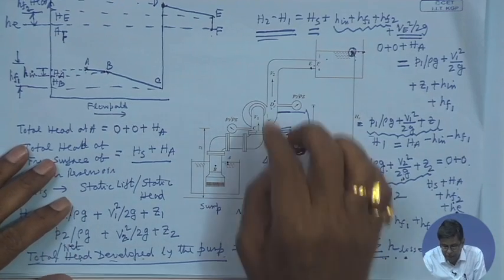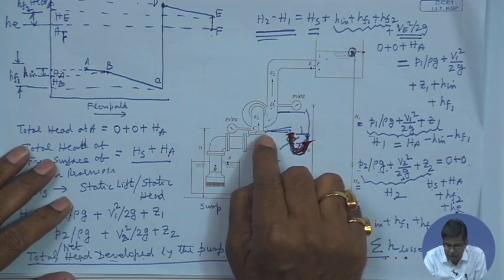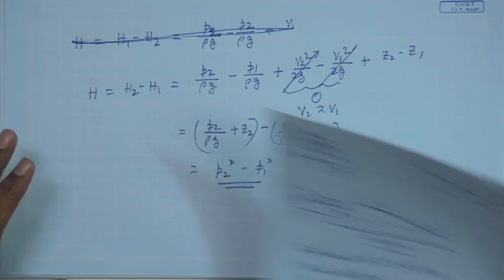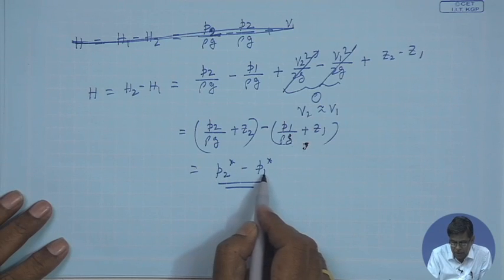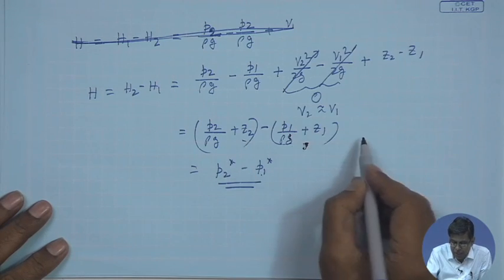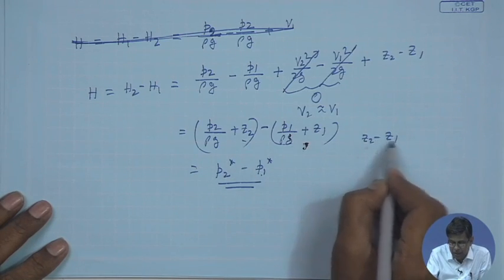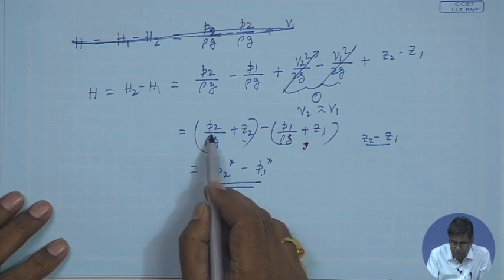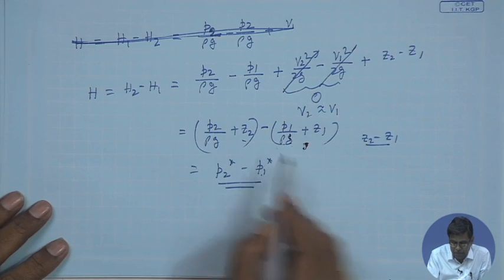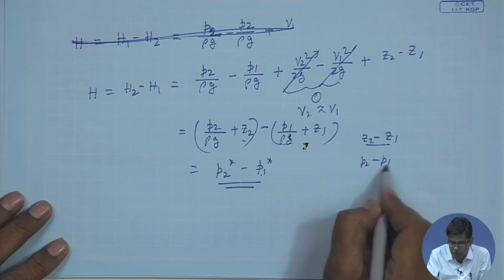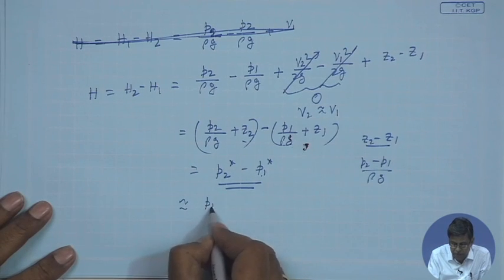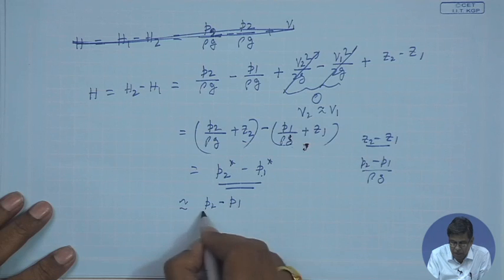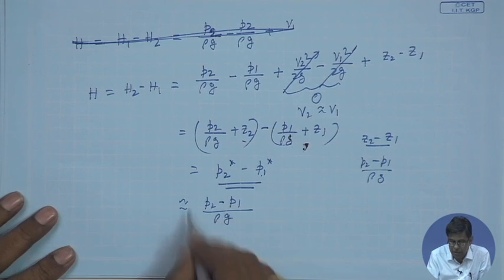So, therefore, a manometer attached between inlet and outlet, as you have already read in your fluid mechanics class, reads the piezometric pressure difference. And if Z2 minus Z1 is small compared to P2 minus P1 by rho g, you can neglect it, and the piezometric pressure drop becomes simply the static pressure drop or static head.